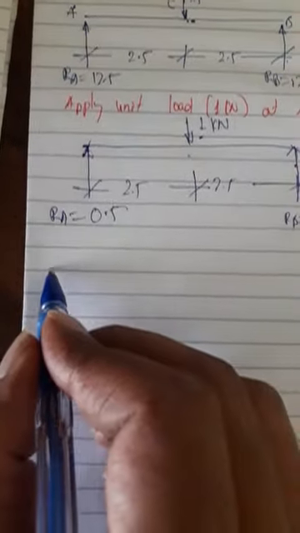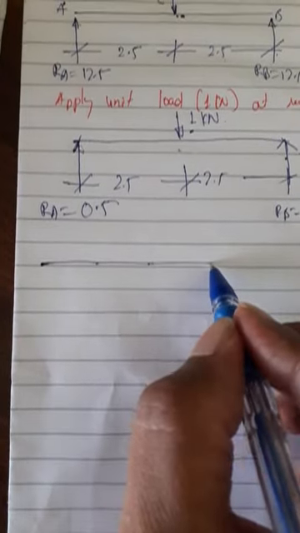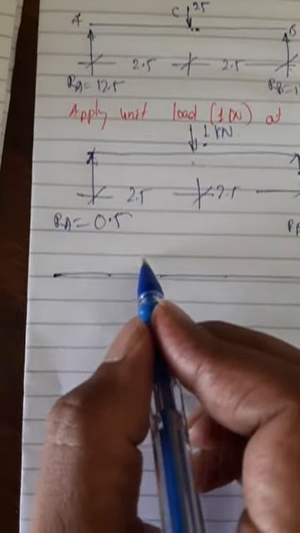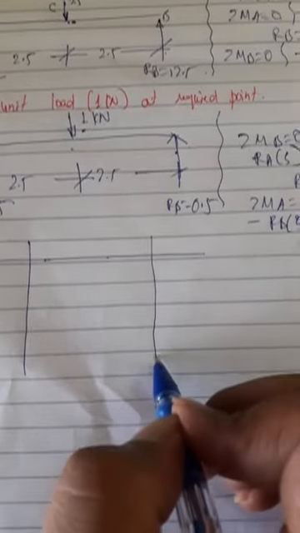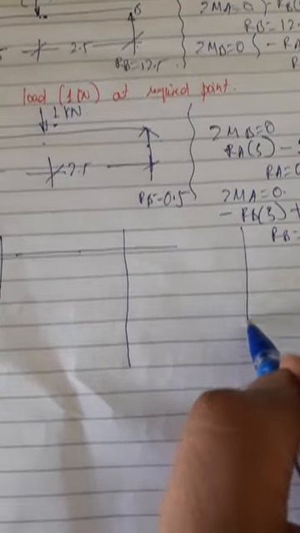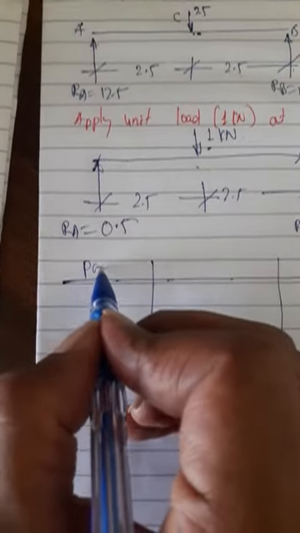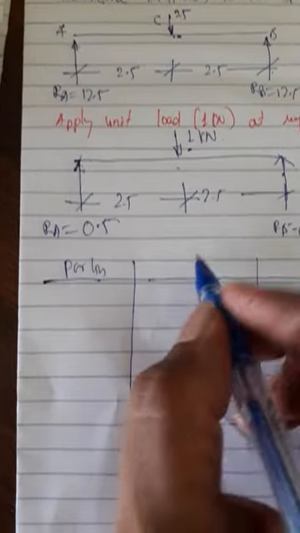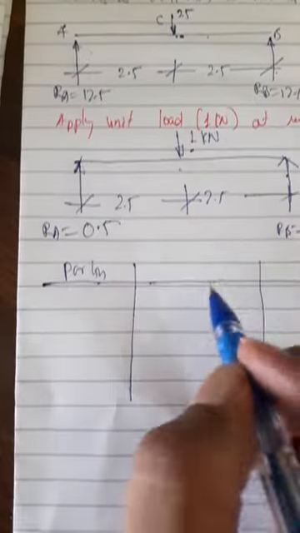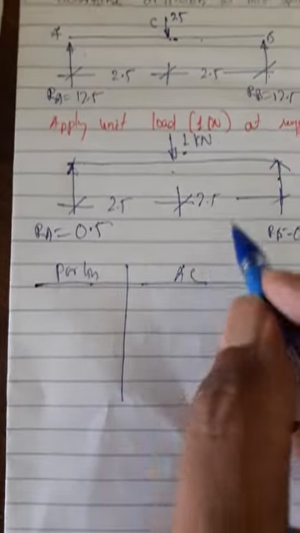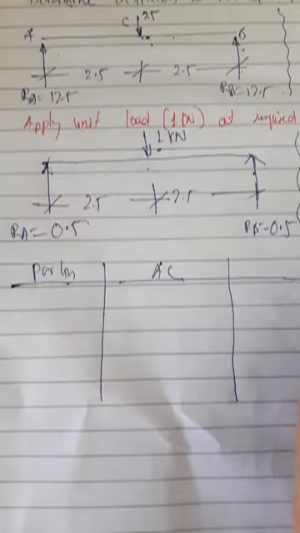Now put a table. I am going to analyze everything in a tabular form. Portion: first portion is AC, second portion BC.